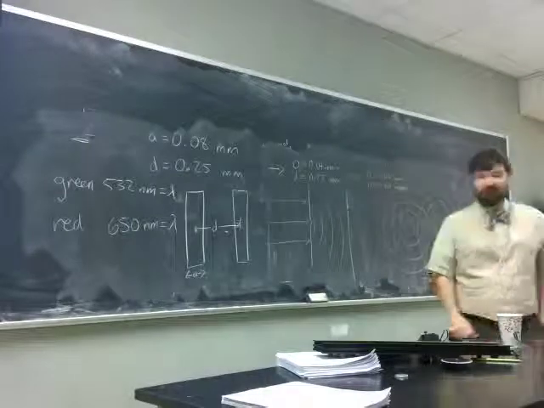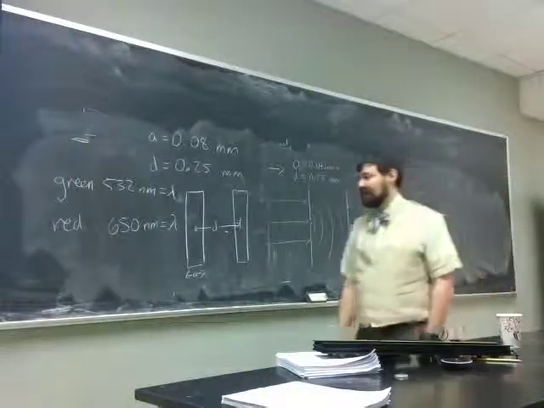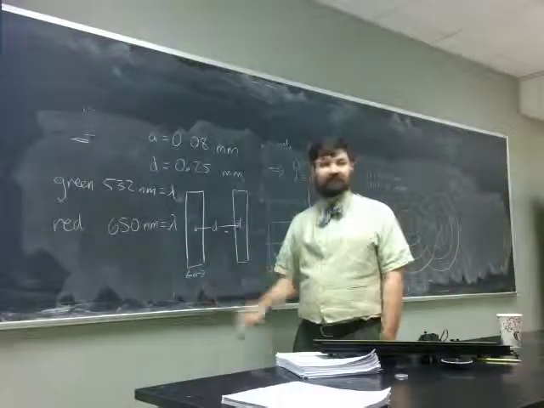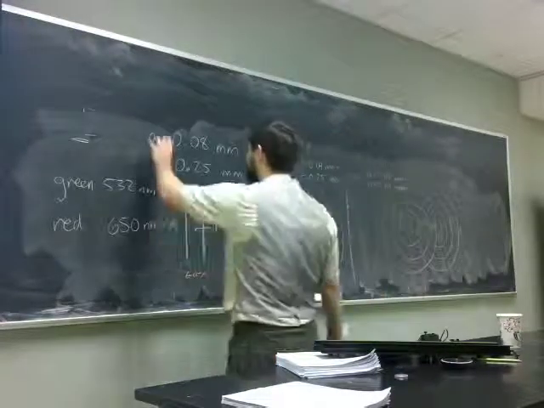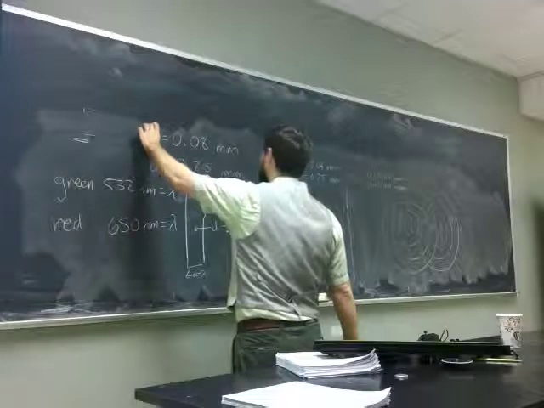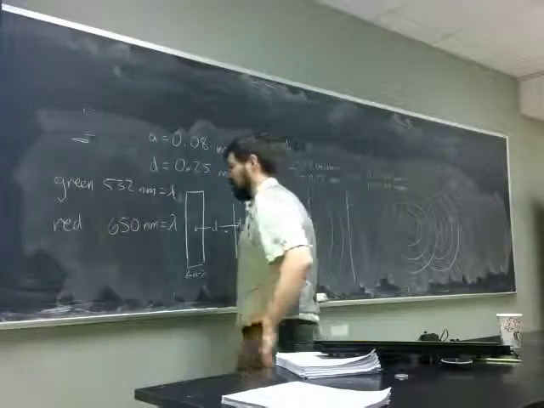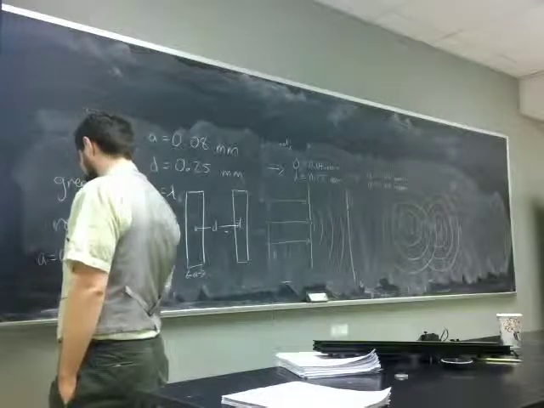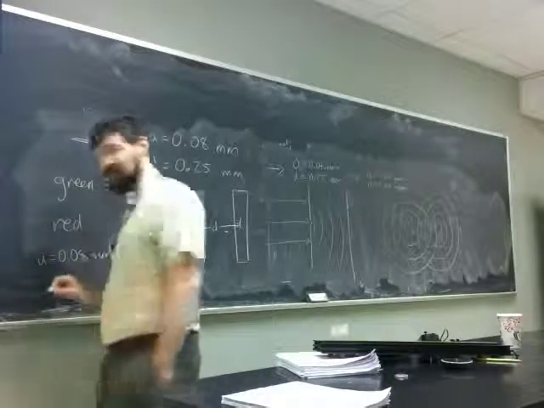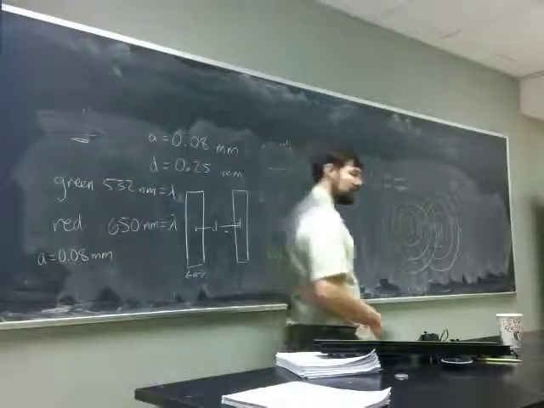So how many times as big as this are these slits? Well, we could take, for example, this one right here, the 0.08 millimeter one. So A equals 0.08 millimeters. How many nanometers is that?